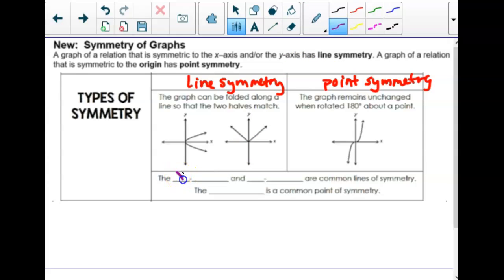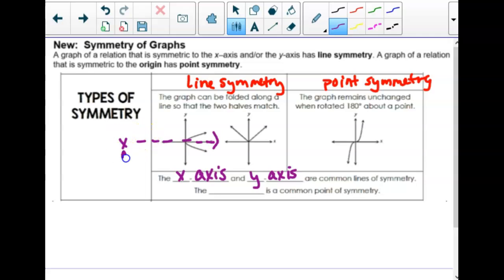The x-axis and y-axis are common lines of symmetry. You did symmetry in geometry, yes? It's been a long time, and I think you talked about symmetry in Algebra 2, but maybe not. This one, the x-axis goes right through the middle, and that's a line of symmetry, right?